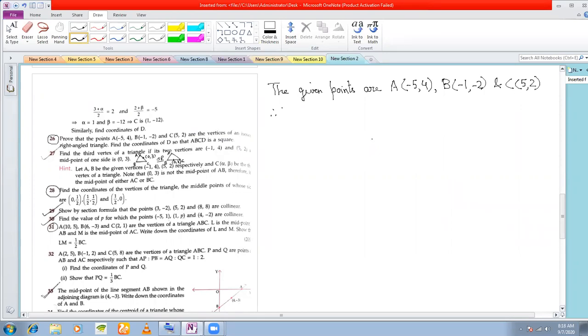That is why I will not draw the diagram now. Otherwise, you can draw a rough diagram on the coordinate axis to get an idea, but without the axis, you cannot draw the diagram in this case.